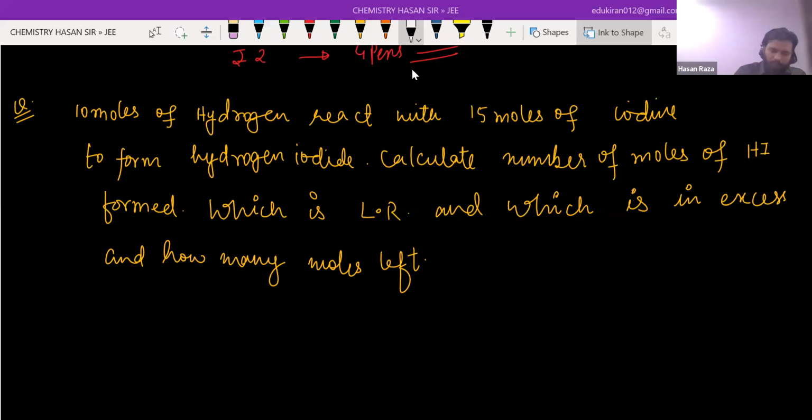If you are not able to write the chemical reaction equation, please do let me know.